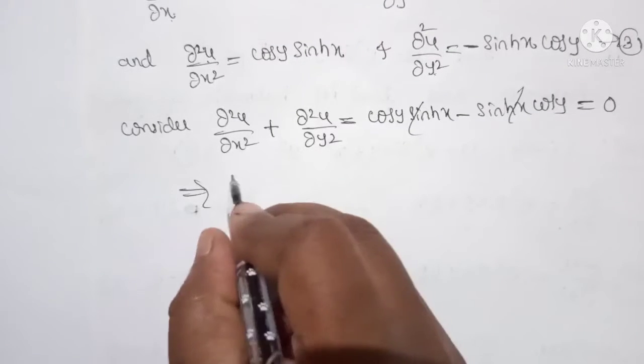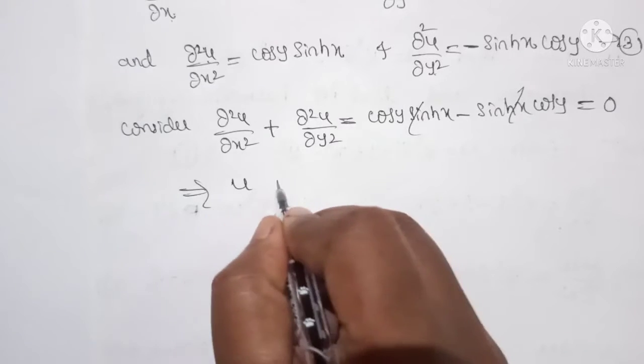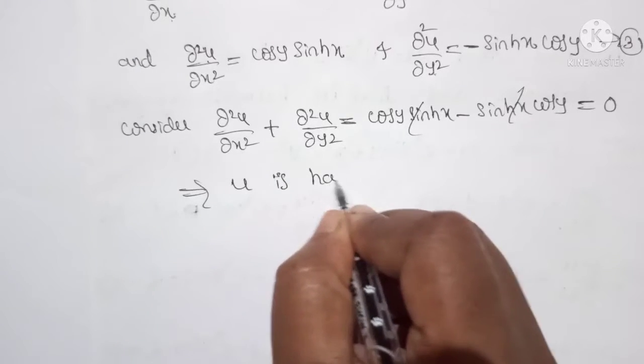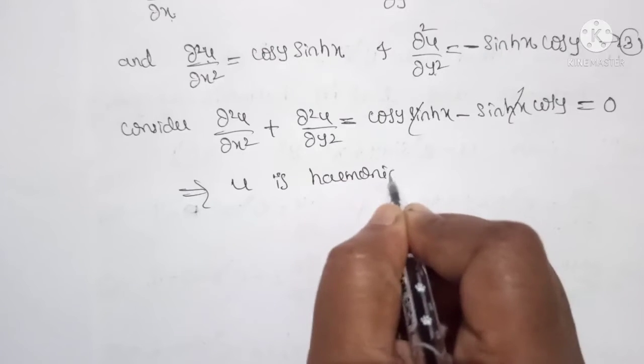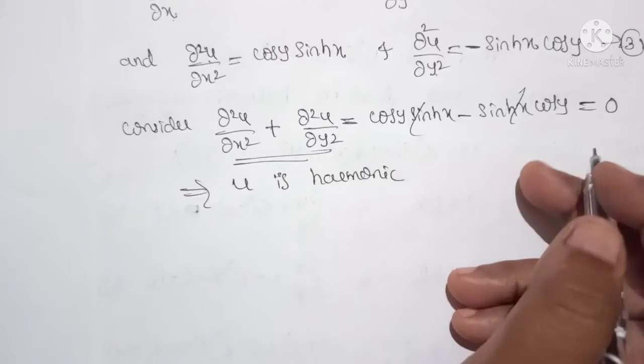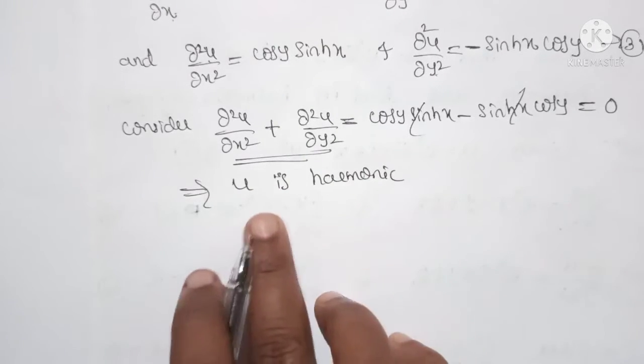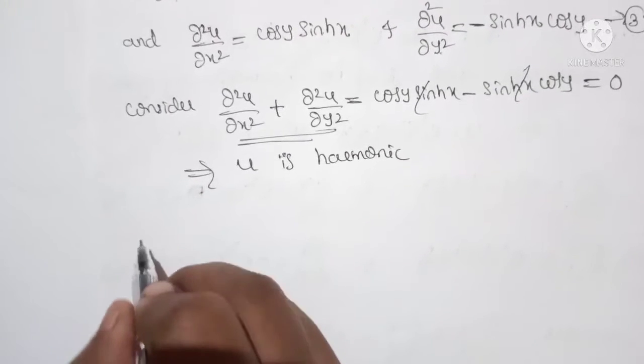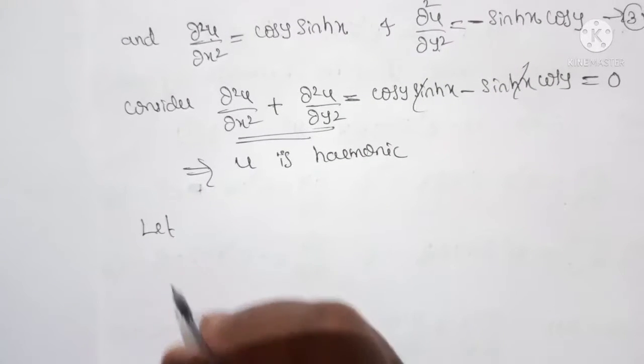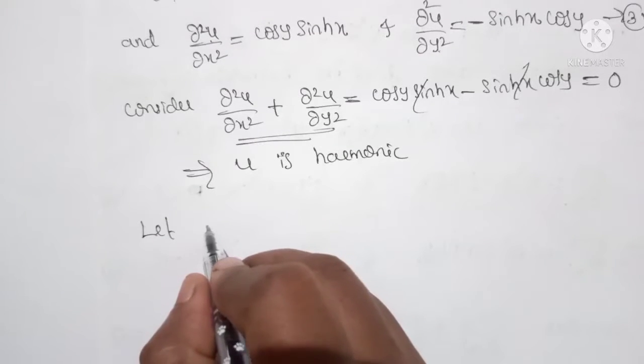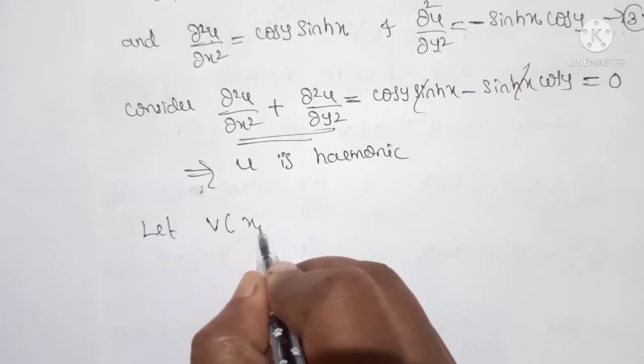Hence we can say u is harmonic, because we are getting these two equations equal to 0. Therefore u is harmonic.